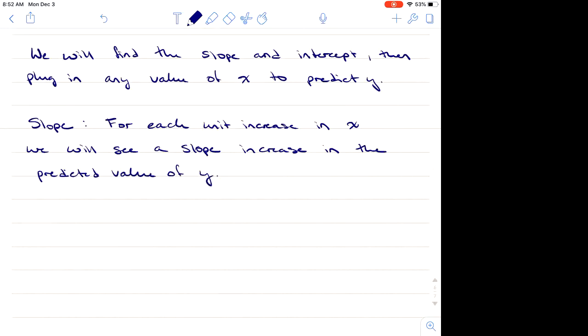So we'll just leave it there for just a little bit. We'll define the intercept.